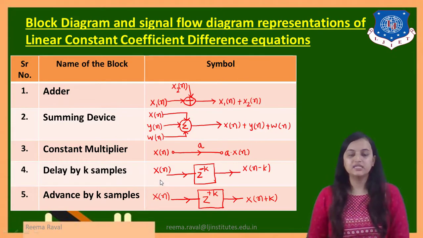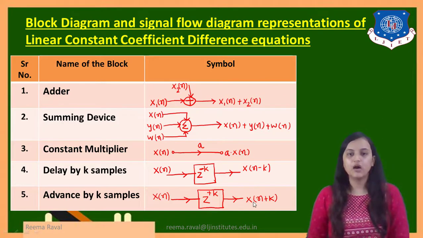As you can see, x of n is applied to the z raised to minus k block, so at the output side we will get the delayed input, that means x of n minus k. In the same way, if I want to advance it by k samples, I will put the block z raised to plus k, which will advance the input signal by k samples.